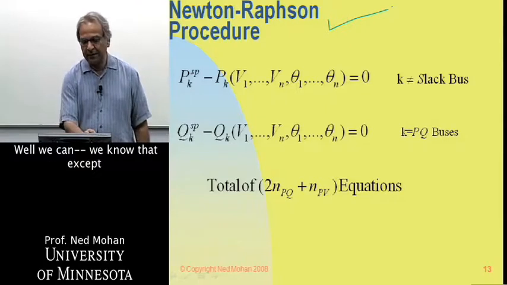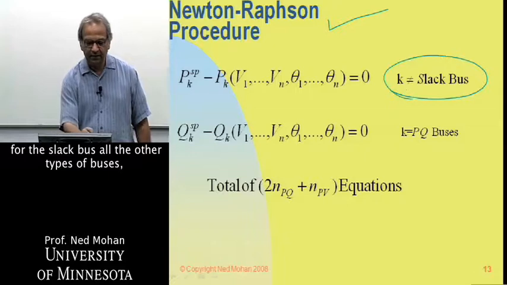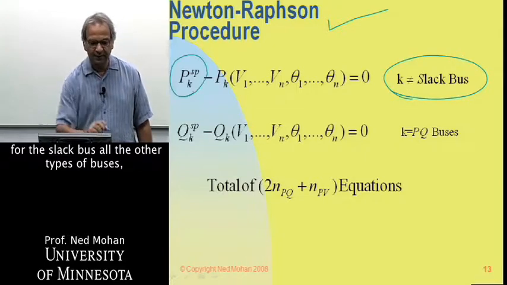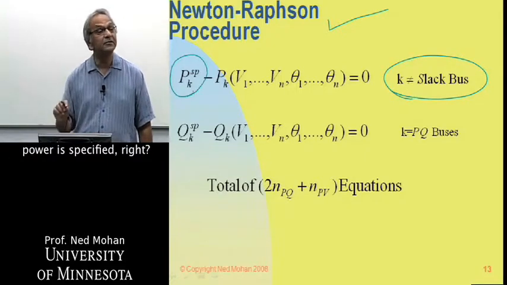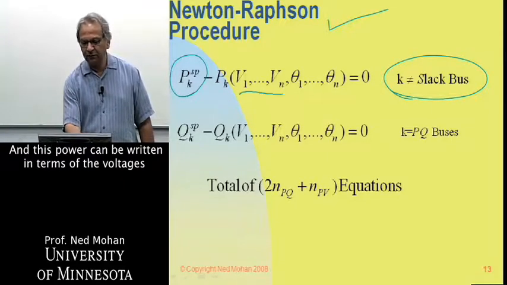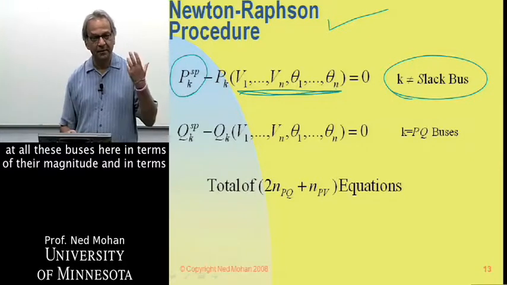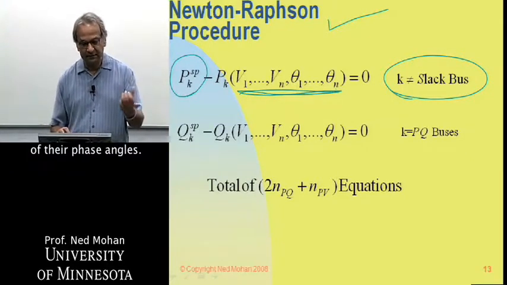Well, we know that except for the slack bus, all the other types of buses, power is specified, right? And this power can be written in terms of the voltages at all these buses here, in terms of their magnitude and in terms of their phase angles.